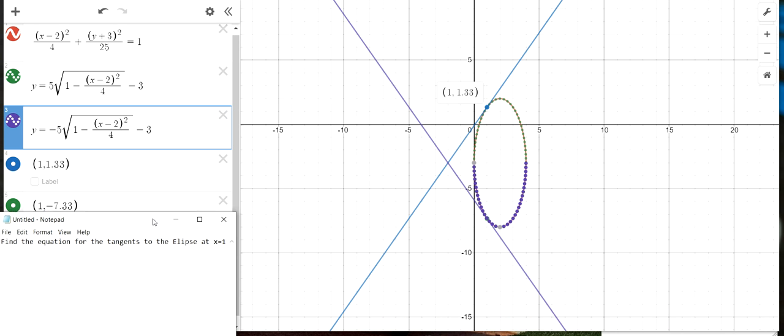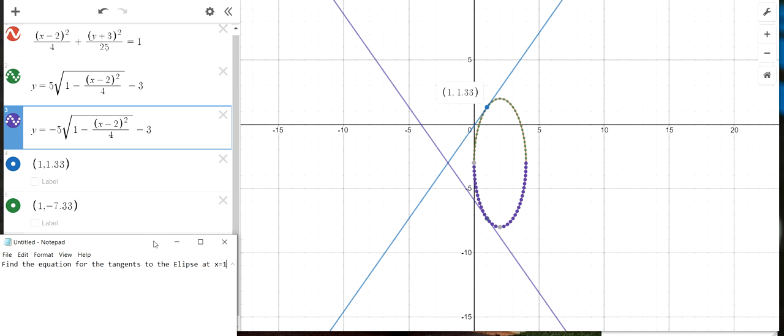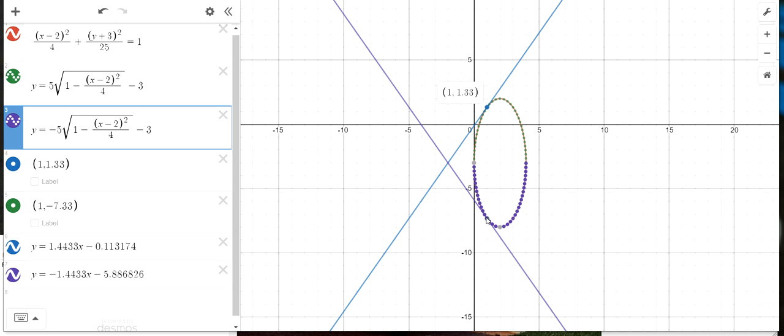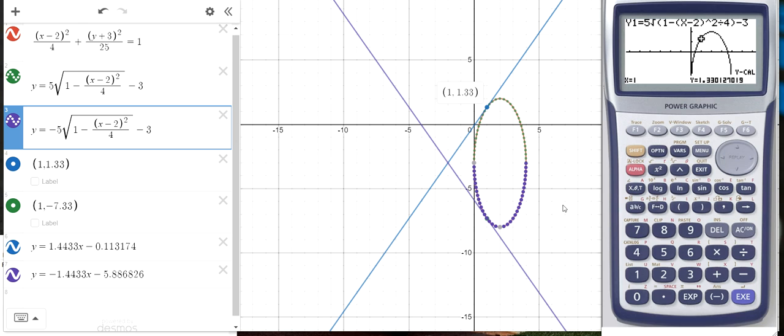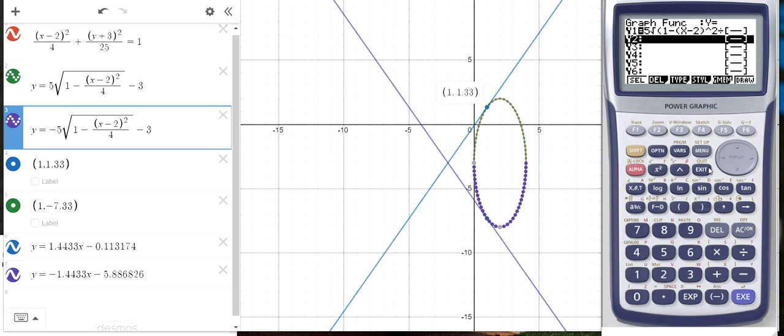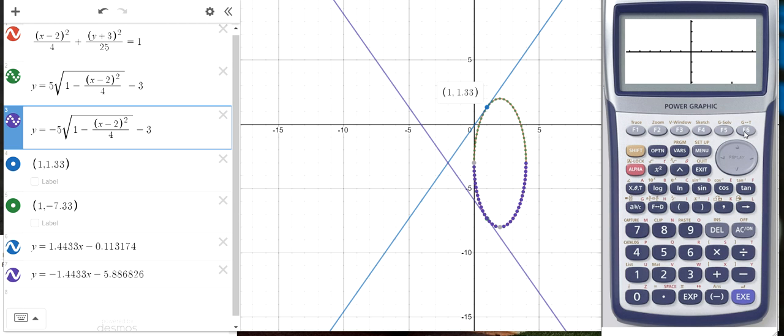The next thing I want to do is work out the other point of intersection, this one over here. So let's do that. I exit this and go back up, and I need to enter a minus, execute, and draw that, and I can see the bottom half of the ellipse.